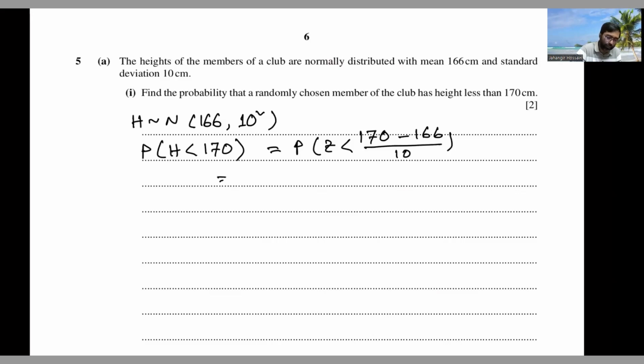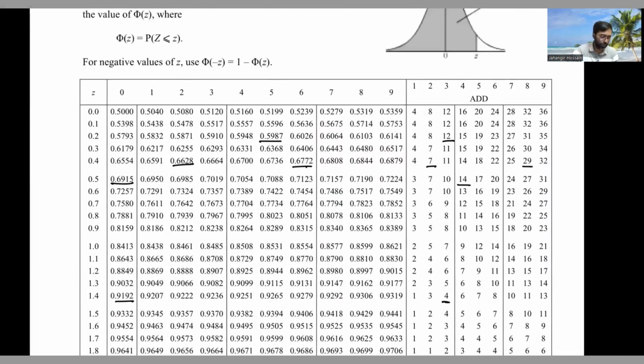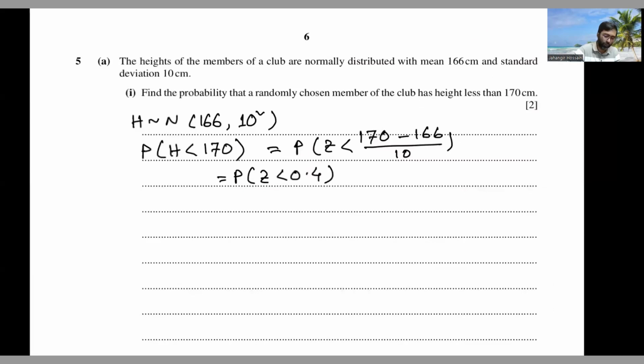So Z is less than 0.4, and from the normal distribution table, the probability of less than 0.4 is 0.6554. If you keep the answer correct to 3 significant figures, this is 0.655.